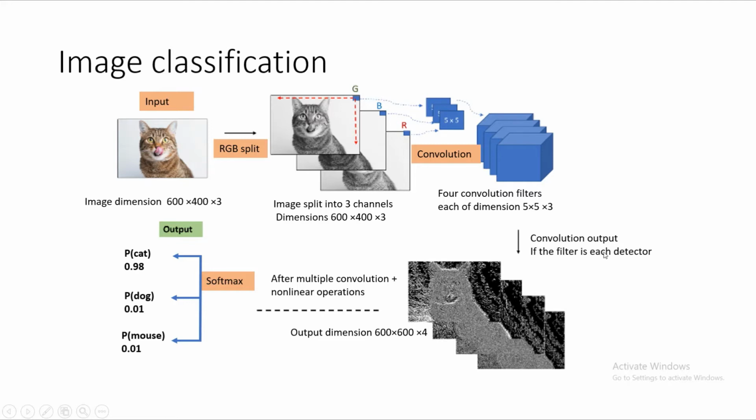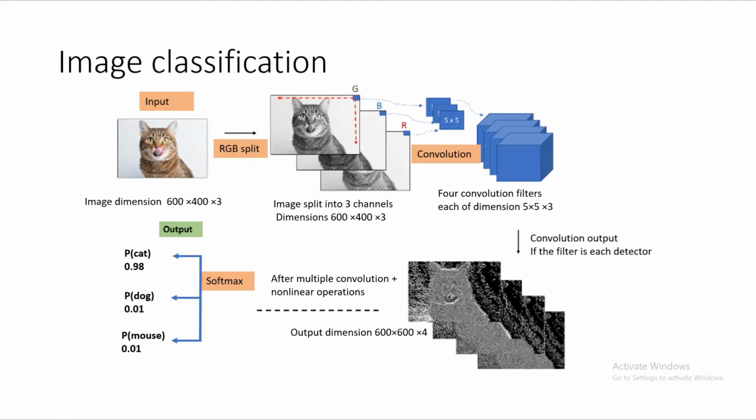And after multiple convolution and nonlinear operations such as ReLU, we get the feature vector here, and after this we use the softmax, and that will give us the output, and that will predict whether it's cat, dog, or mouse. There are three classes, so we need a softmax with three possible outputs.